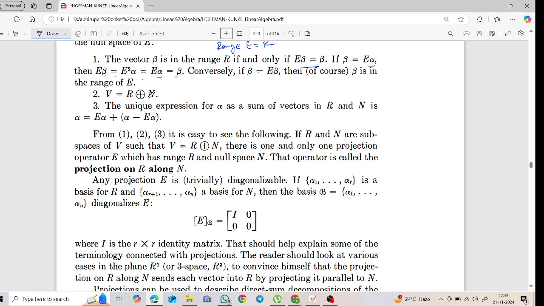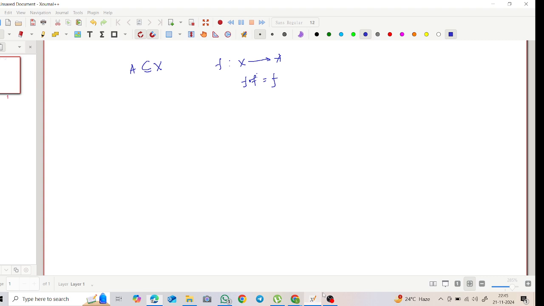V is R direct sum N, where N is the null space. Why is this?